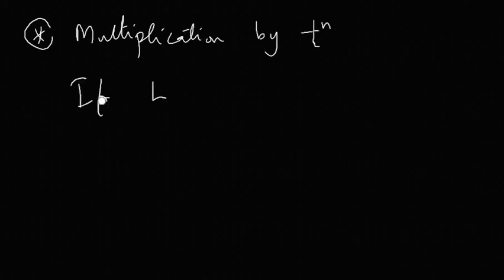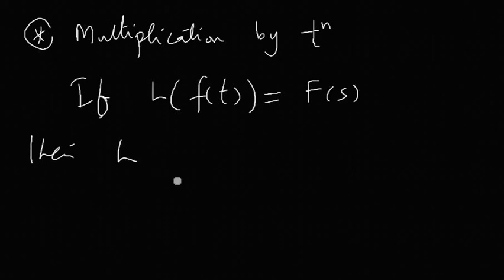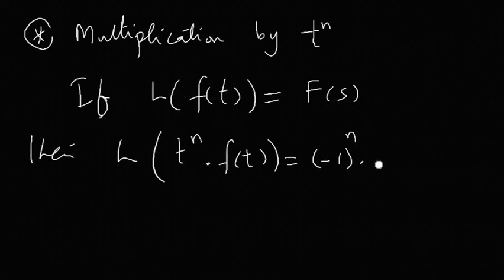If L of f of t is f of s, meaning there is a function f of t whose transform is f of s, then if that same function is multiplied with t to the power of n, its Laplace transform can be easily obtained just by multiplying minus 1 to the power of n with the nth derivative of this transform here.